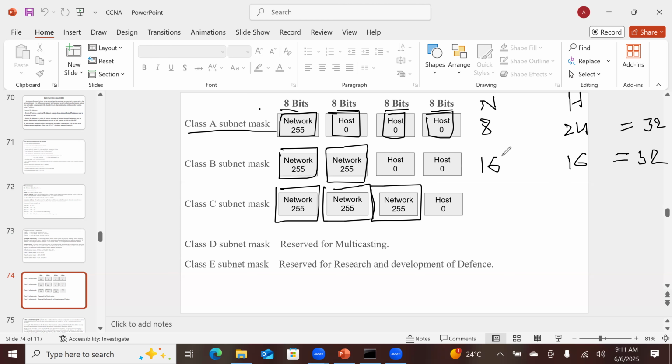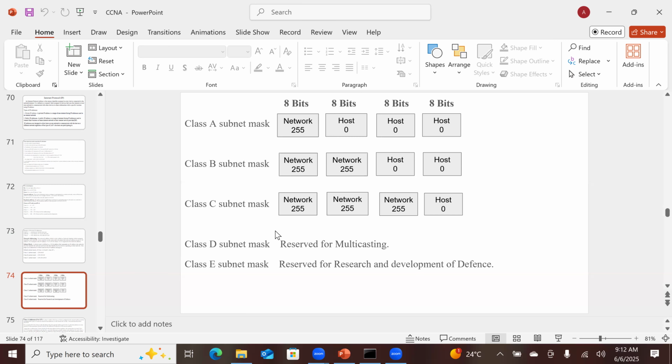That is exactly the opposite of class A, where we had 8 network bits and 24 host bits. Here we have 24 network bits and only 8 host bits. That is 32 bits. I already said that class D and class E don't have a subnet mask because they are reserved for multicasting and research and development of defense respectively. Okay, clear?